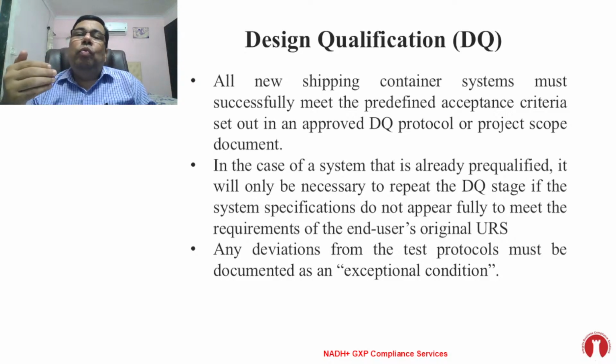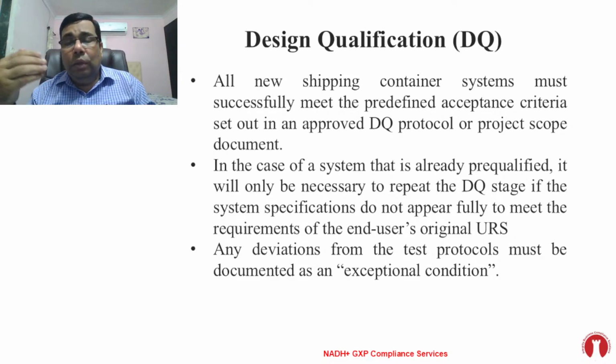But if you want the DQ document, you can definitely get it from the vendor. You have to request the vendor for the DQ document, and if some of your user requirements are not fulfilled in it, then you can update the DQ and prepare a separate DQ. And of course, if any deviations are there, you have to do a DQ.